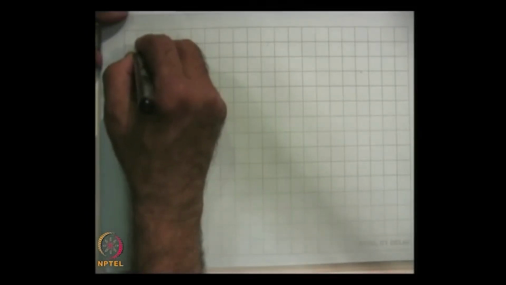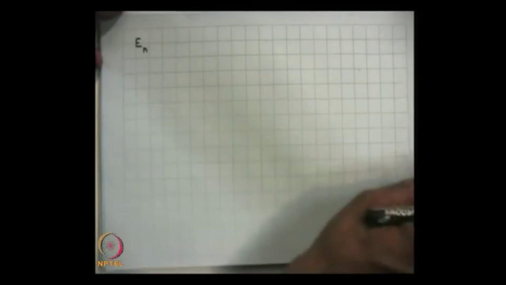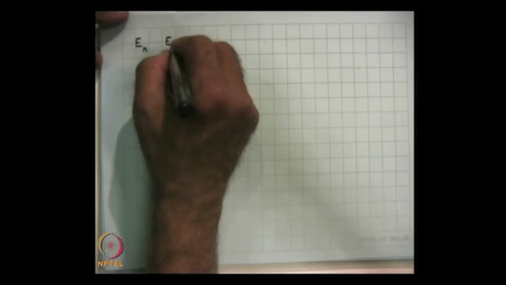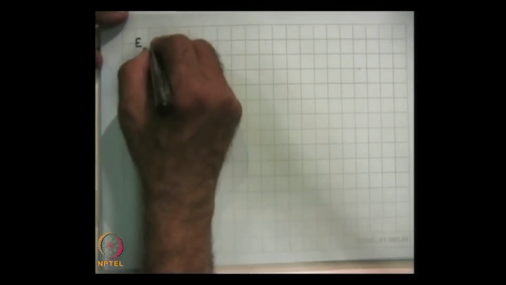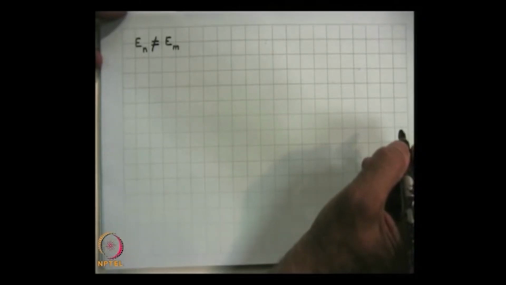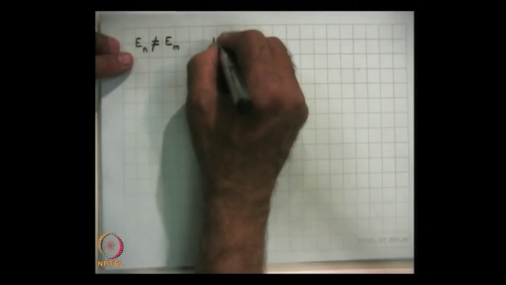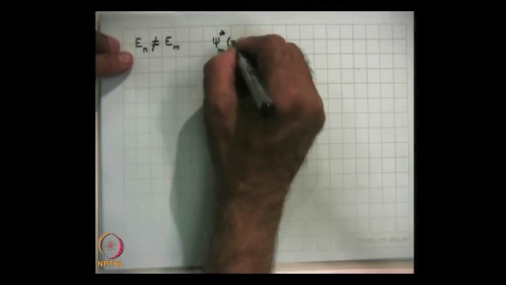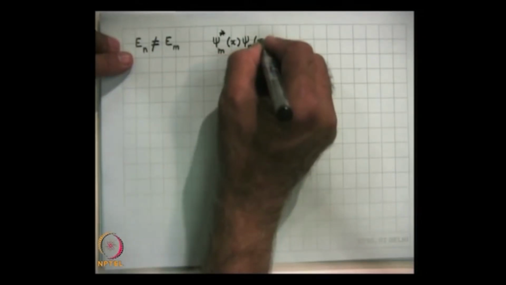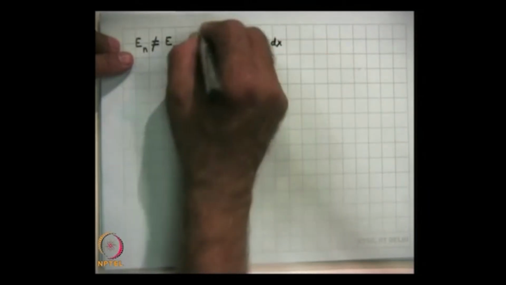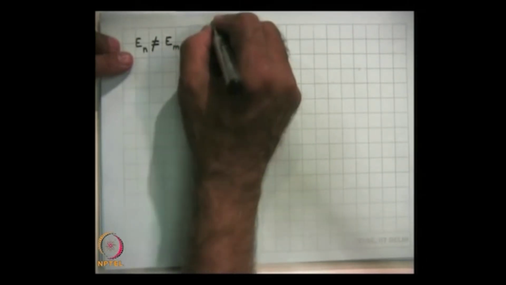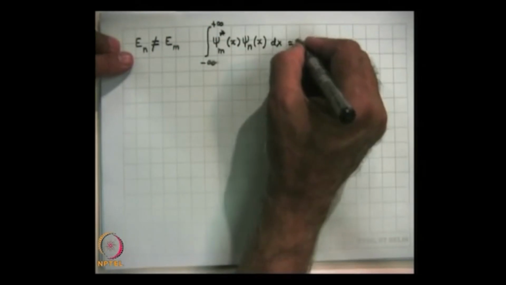What we will next prove is that if there are two eigenvalues E n and E m, and if these two are not equal, then the corresponding wave functions psi n and psi m satisfy the condition that the integral of psi m star of x psi n of x dx, taken between minus infinity to plus infinity, will be equal to 0.